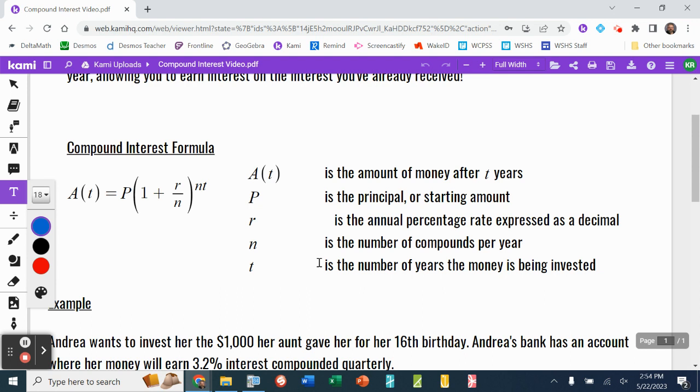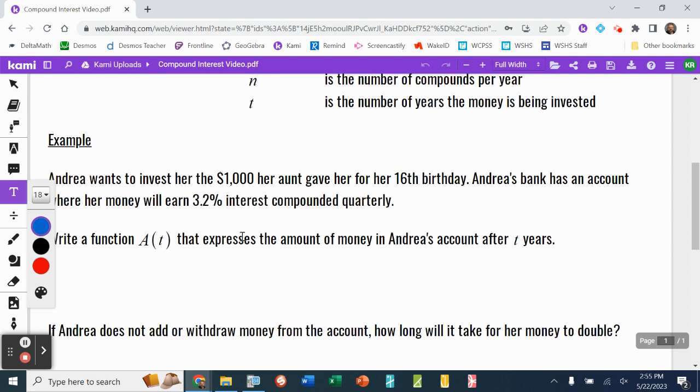However, if I'm investing for 10 years and compounding quarterly, then I'm going to receive interest 4 times 10, or 40 times over the time of my investment. So that's the formula. Let's take a look at an example.